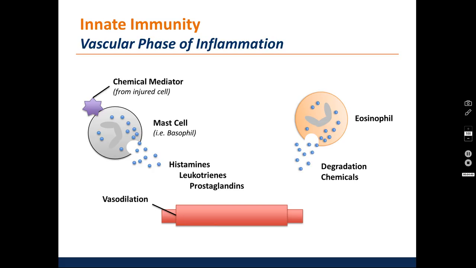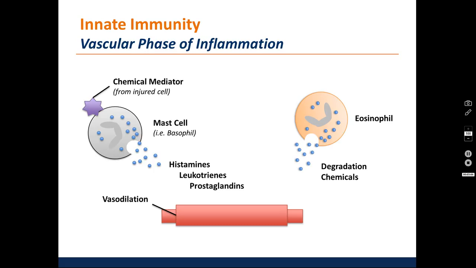In addition to our physical barriers, we also have our inflammatory response. And so we think of the inflammatory response as starting with a chemical mediator. And these chemical mediators are essentially particles of injured cells or signals from an injured cell that initiate the inflammatory response.